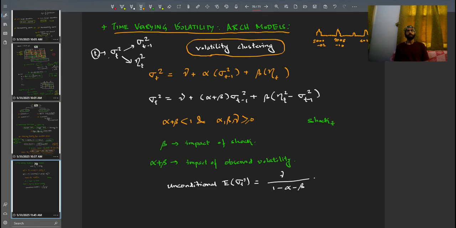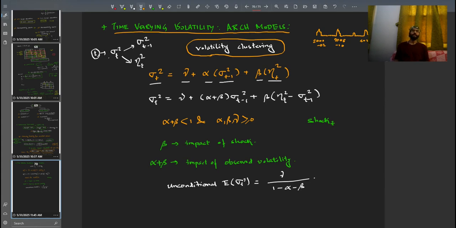So this equation shows that variance at time t is equal to a constant given by the value gamma, plus alpha into the observed volatility at time t minus 1, plus beta into eta square at time t. There will be a square here, and a square here, right?